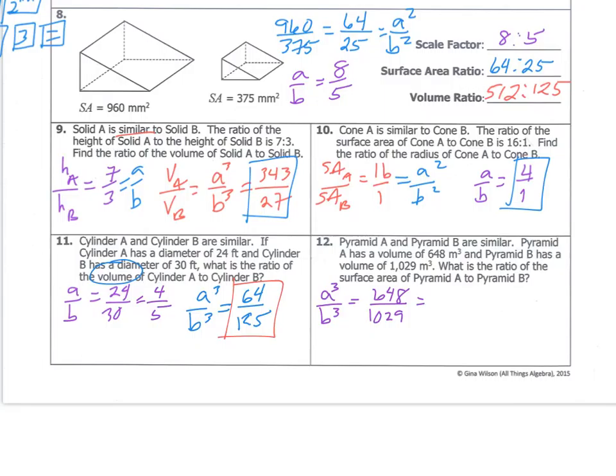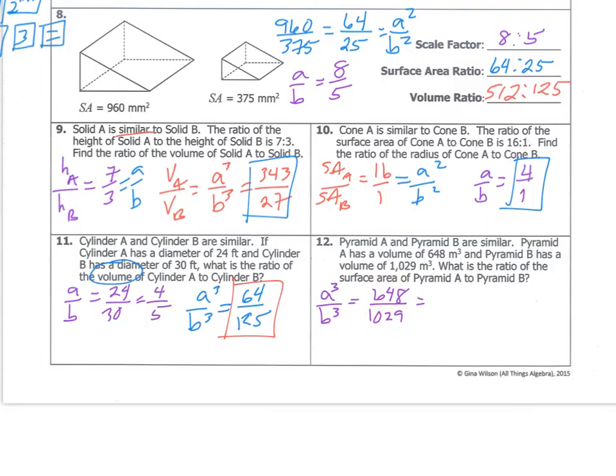What goes into 648 and 1029, do you think? Are they both even? Yes or no? No, so 2 doesn't go in there, right? Use your 3's rule. Does 3 go into 648? Add up 6, 4, and 8, what do you get? No, 6 plus 4 plus 8 is not 12. 18. All right, so 18 is divisible by 3 and 9.